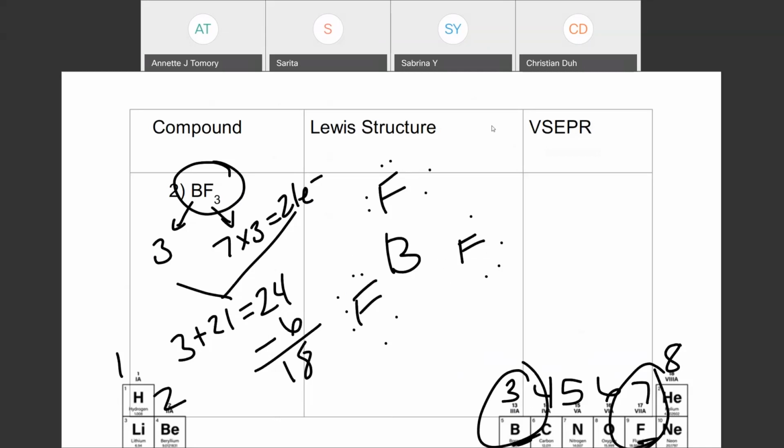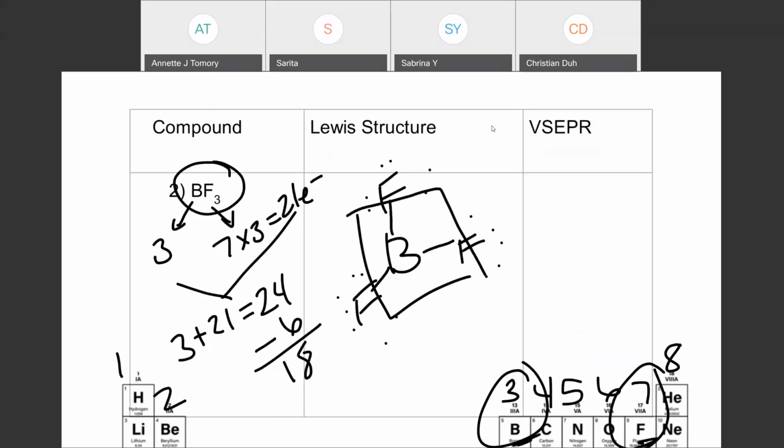Right, so this is what we started with. Okay, so let's go to our chart again. First off, how many bonds do I have here around boron? 3 bonds. It's 3 bonds, 6 electrons, but 3 bonds. Okay. Does boron itself have any lone pairs?